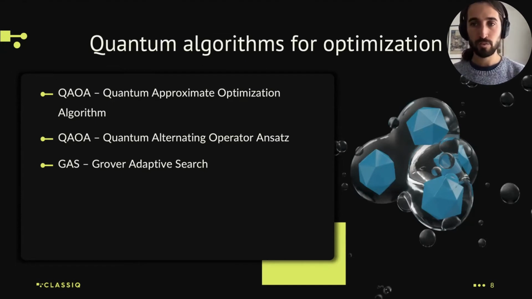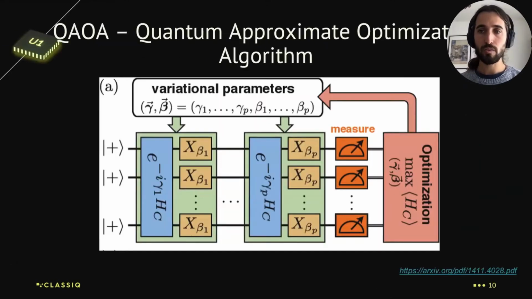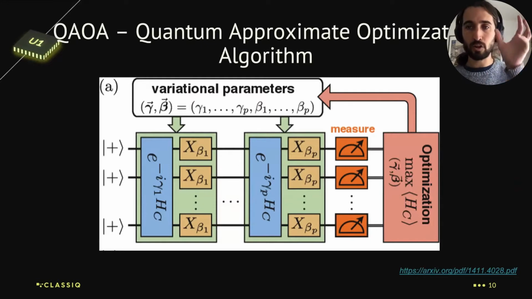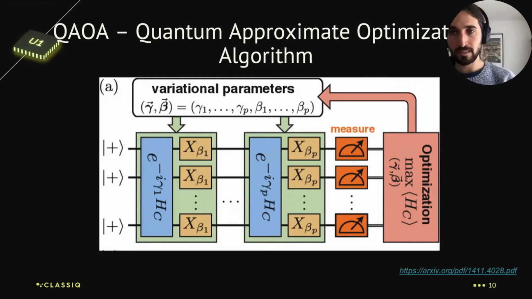QAOA, the most famous quantum optimization algorithm, was proposed in 2014. Overall, we have two parts. It's alternating layers from two options. One layer is the cost layer, and the other layer is the mixer layer.